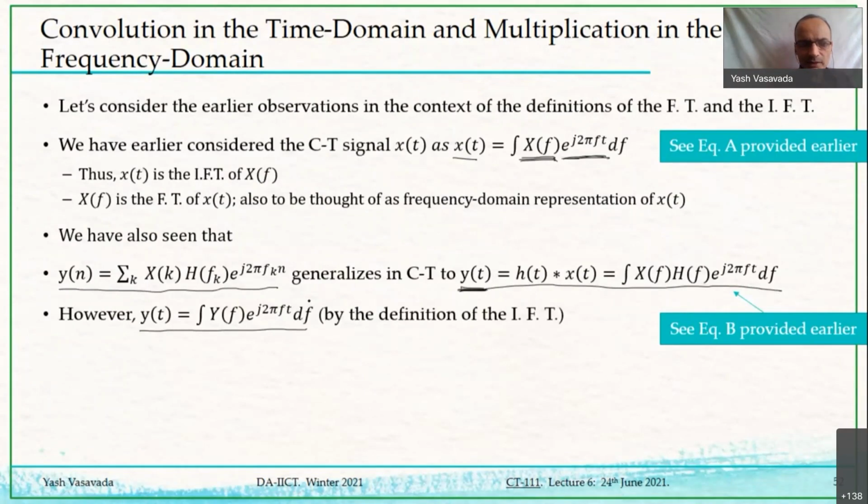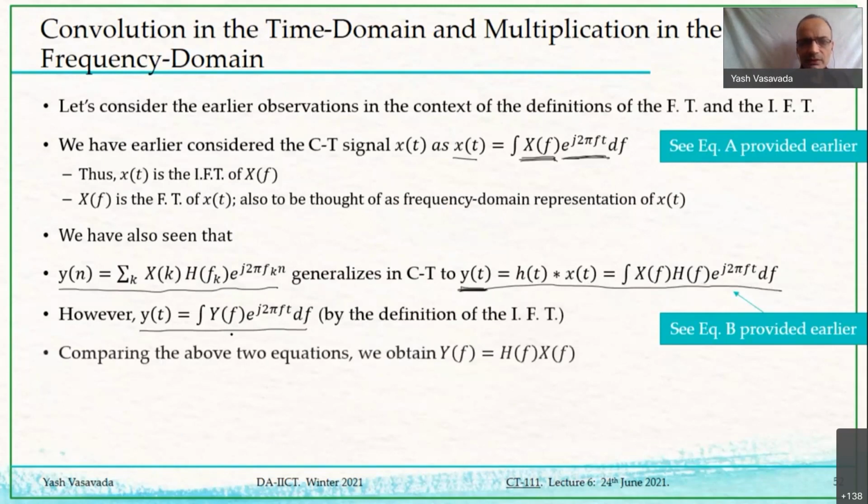And so if I compare this equation here with this equation, y of t is the same as y of t here. e to the power j 2 pi ft df is the same as e to the power j 2 pi ft df here. And so therefore we have to conclude that this y of f has to be equal to the product of h of f and x of f.